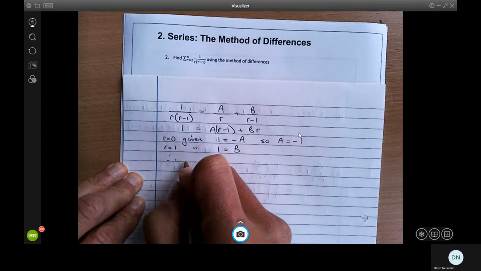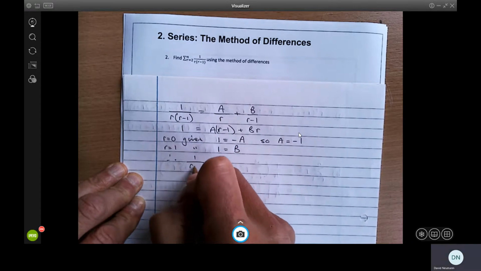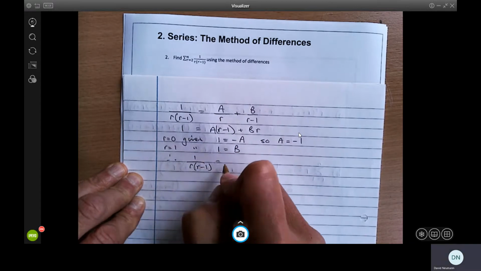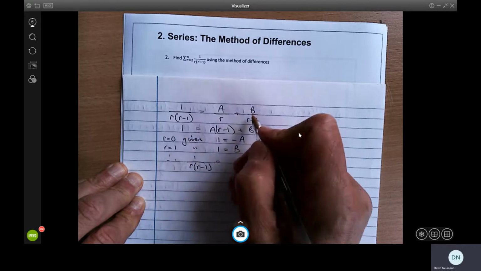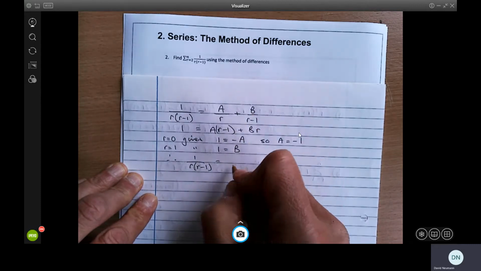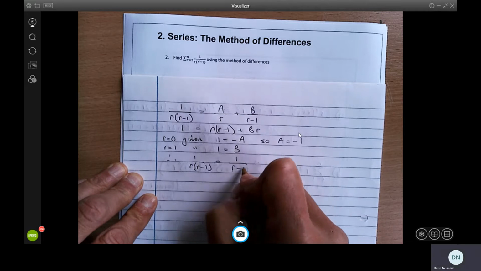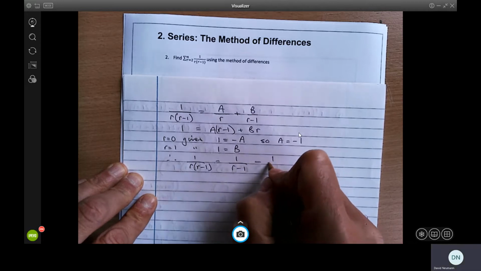Therefore, 1 over r times r minus 1 is equal to, b is 1, so it's 1 over r minus 1 minus 1 over r.